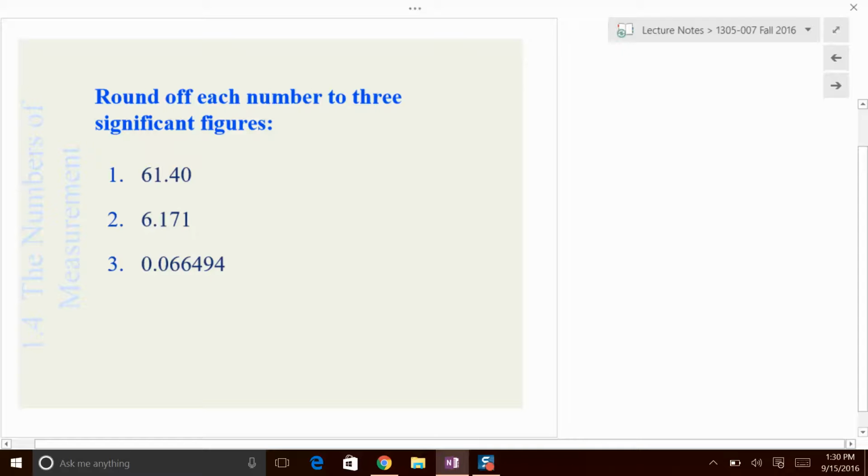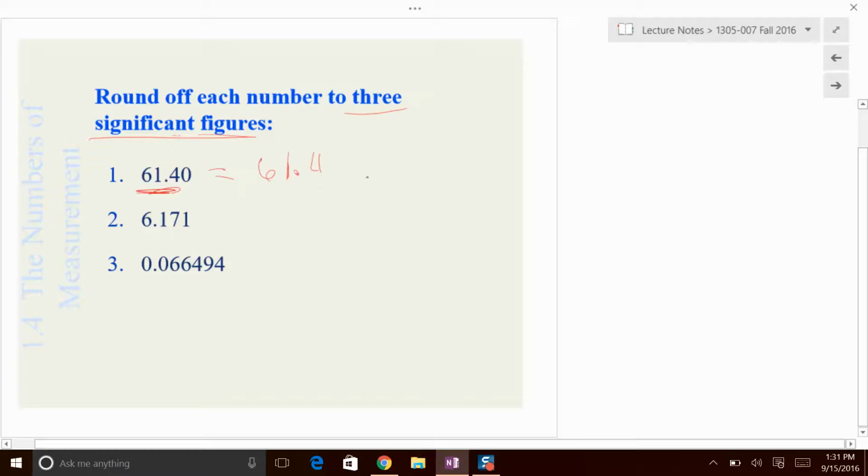Okay, let's round these to 3 significant digits. What's the first one going to be to 3 significant digits? 61.4. Because I only want 3 significant digits.